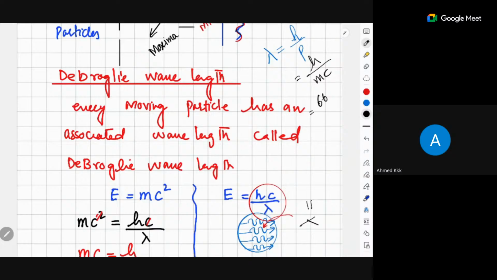So 6.63 into 10 raised to power minus 34 divided by the mass of the electron, 9.02, it is also given to you, into 10 raised to power minus 31, into 6 into 10 raised to power 6. So if you calculate this, you will say that it is almost 12 nanometer. Almost, right? Sorry, 1200 nanometer.